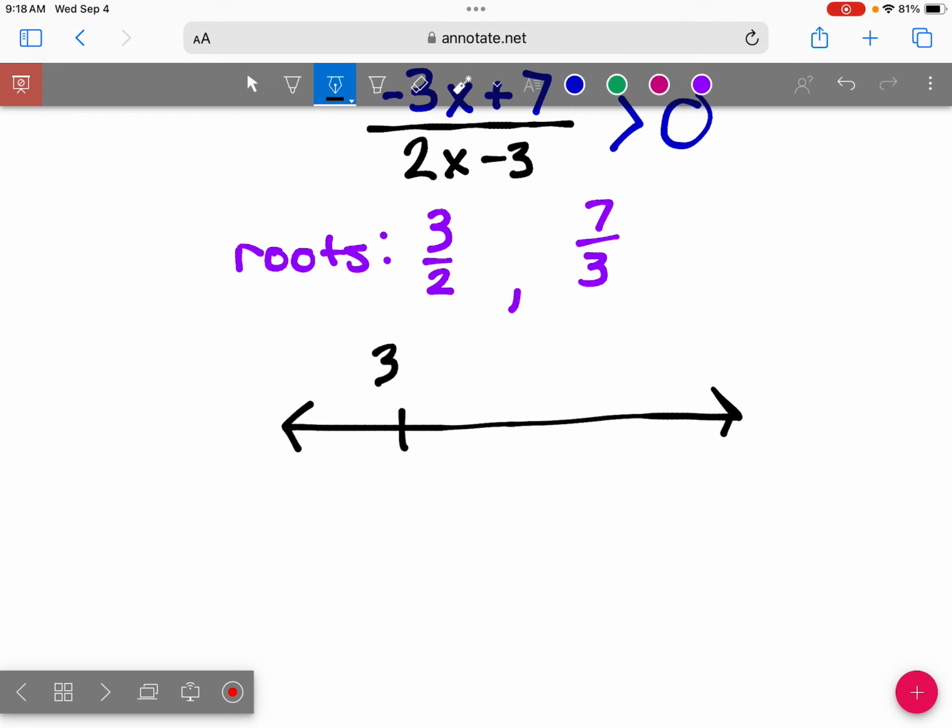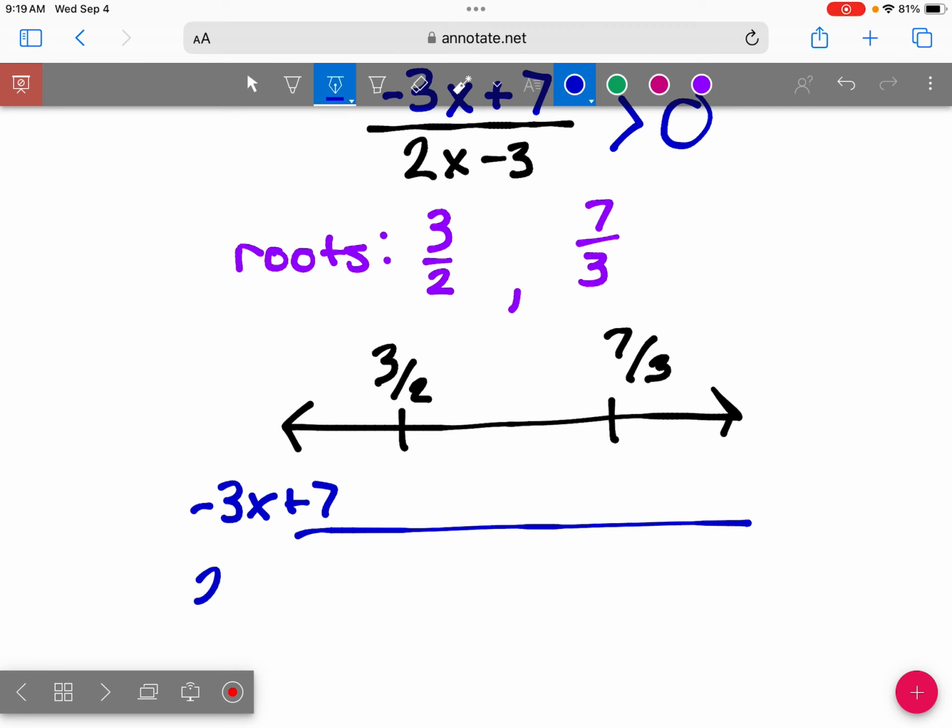So my 3 halves is smaller than my 7/3. And so my factors are my minus 3x plus 7 and my 2x minus 3.